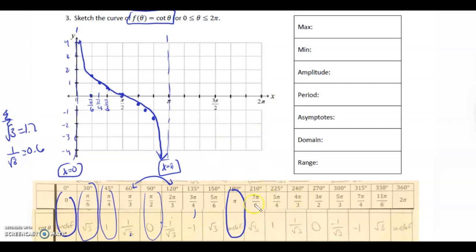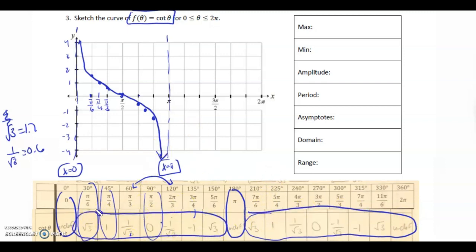Okay, now if we take a look here, these points are a replica of these points here. That means exactly how this part of the cotangent theta function looks, we're going to repeat that. So at 7 pi by 6, we're going to go root 3, which is 1.7.